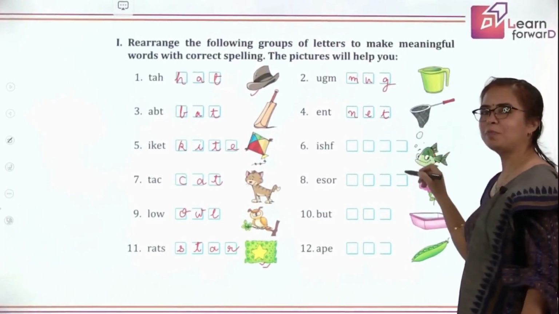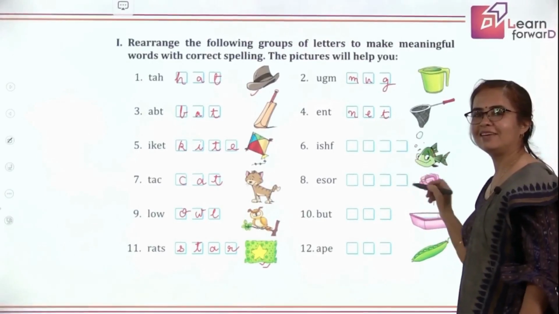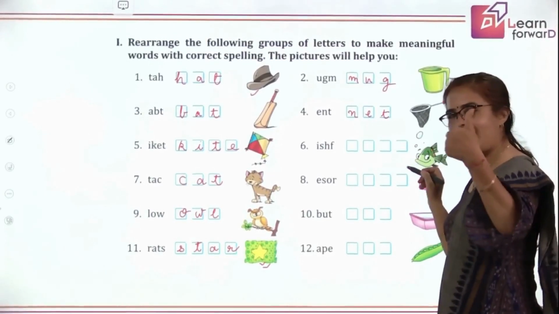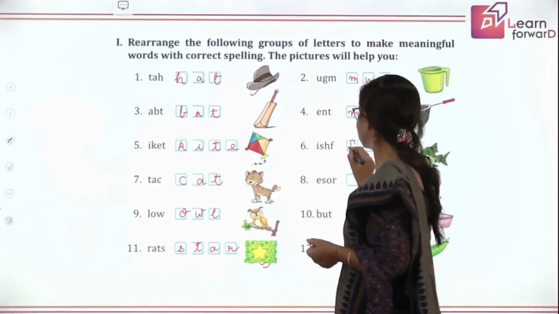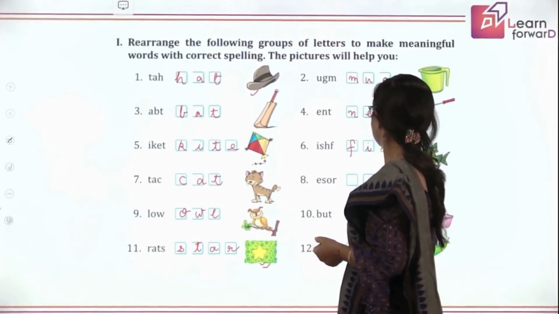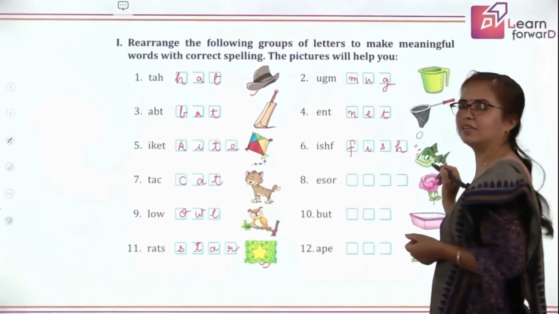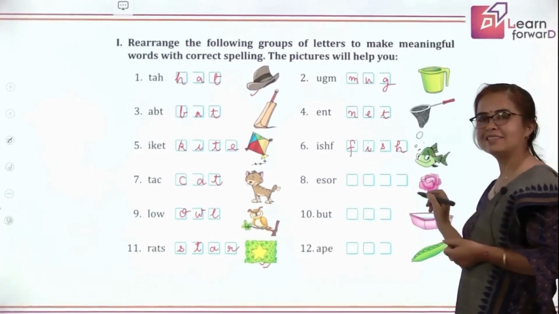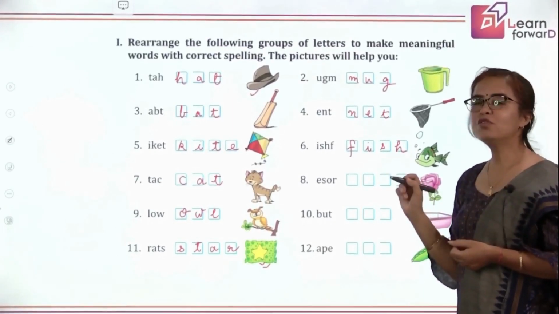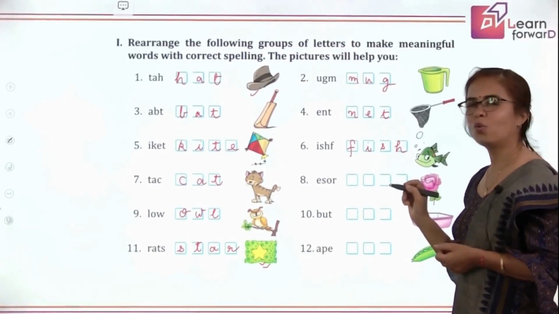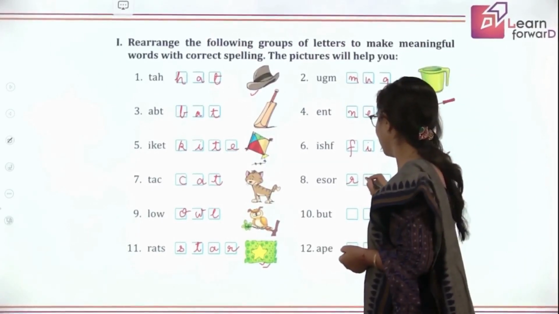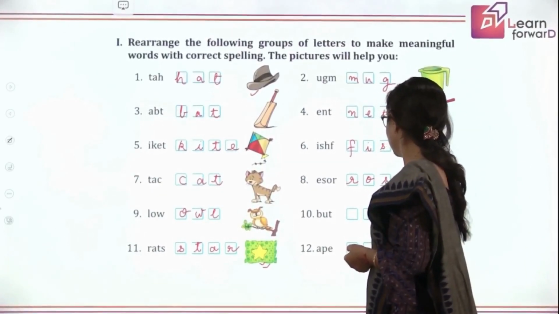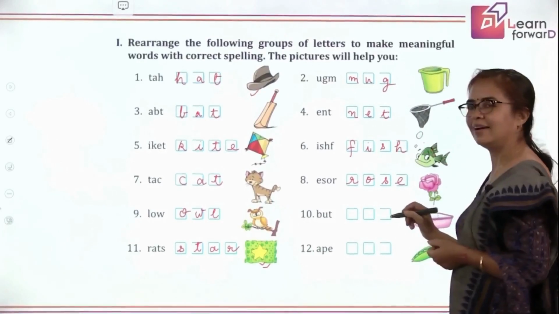What's this pretty little green? Yes, that's a fish. Good recognition. And this is a beautiful flower. That's a rose. R-O-S-E.